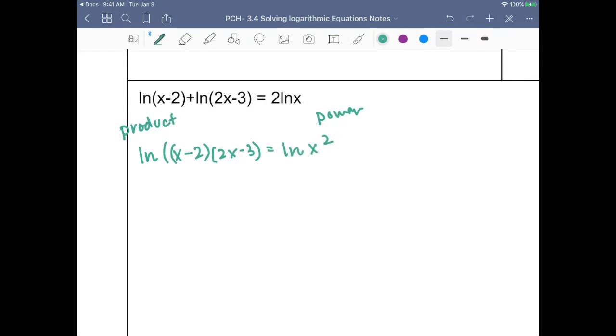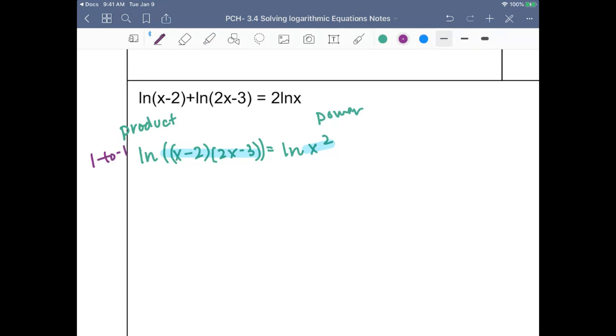You're like, this is really gross, but it's not as bad as you think, because remember that property from yesterday that talks about if I have equal ln's or logs on both sides, all we're trying to do is match the input. This is called the one-to-one property. Okay, so we're going to use one-to-one.